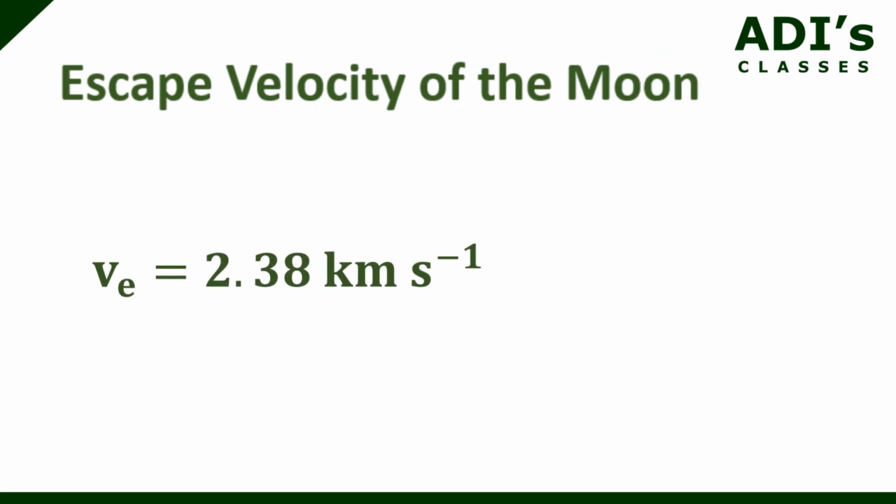The Moon has a radius of around 1,600 kilometers. If you apply that, you get around 2.38 kilometer per second, which is the escape velocity on the Moon's surface. If you throw an object at 2.38 kilometer per second, it will escape the Moon's gravitational field. So as the body becomes bigger and the radius keeps increasing, the escape velocity will also increase.